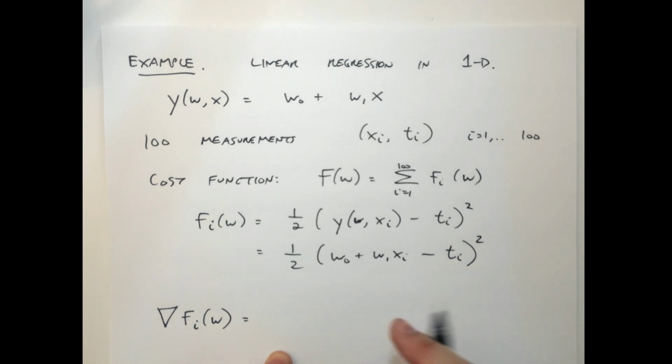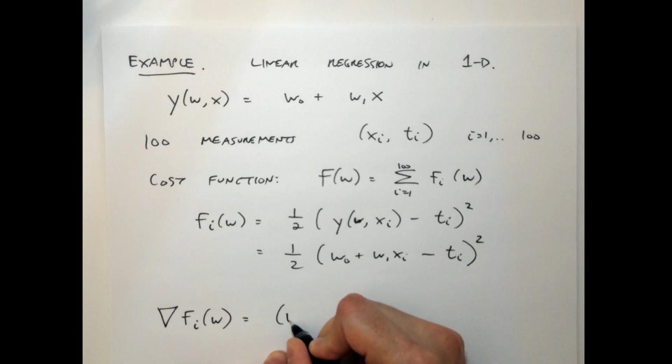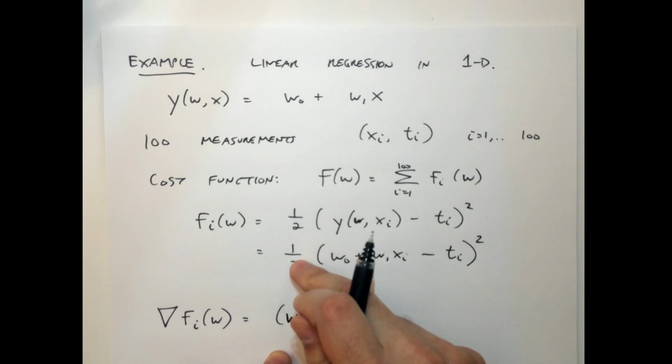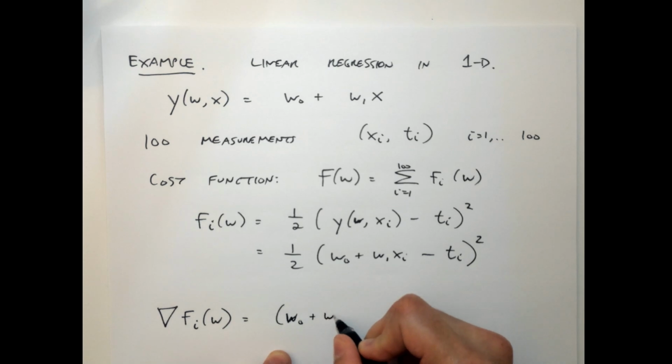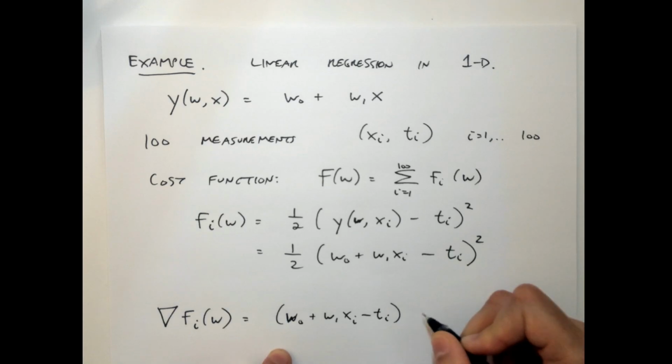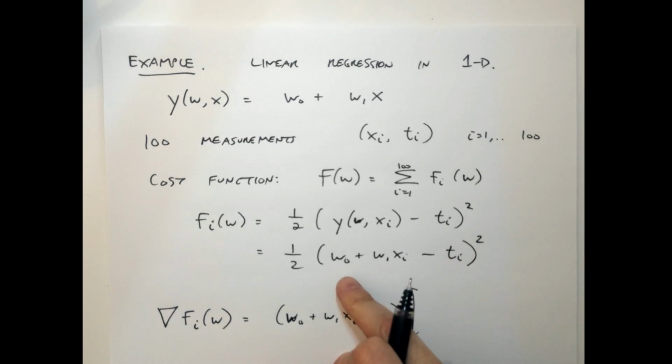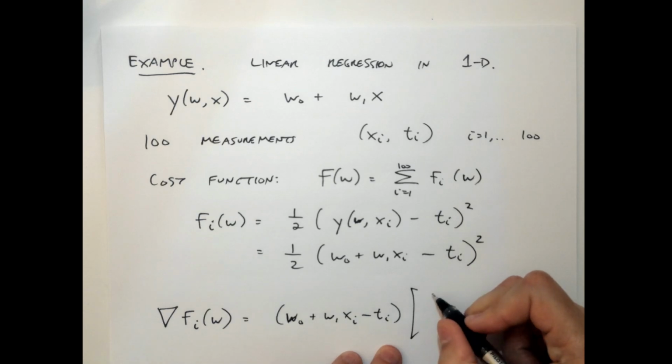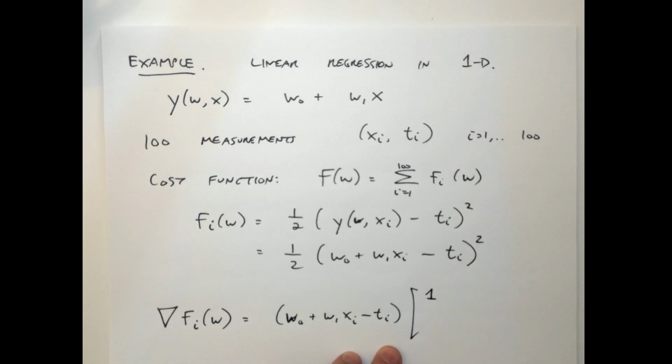So the outer part, if I take the 2 down, is going to be like this. So I have this number. And then the derivative with respect to W0 of the inner part is just 1. The derivative with respect to W1 is just xi. So this is the gradient of the function at point i. Okay?